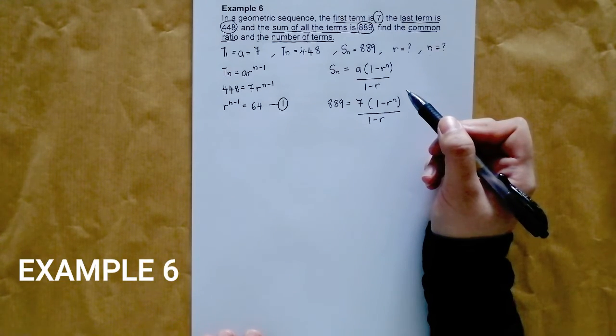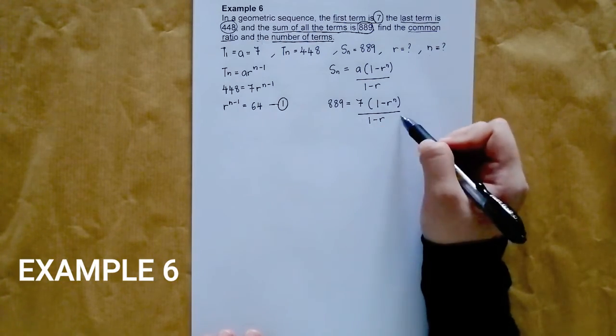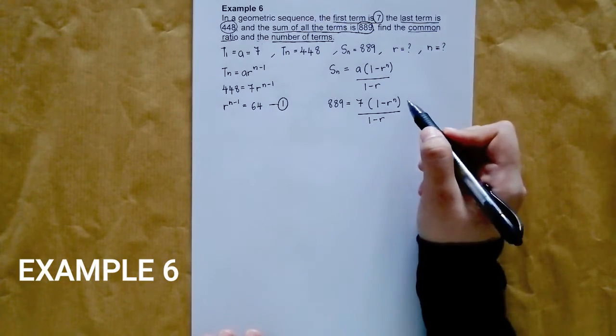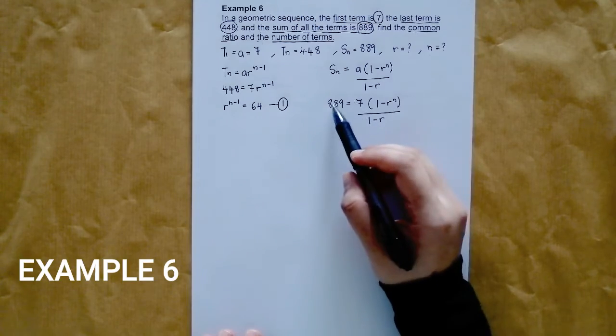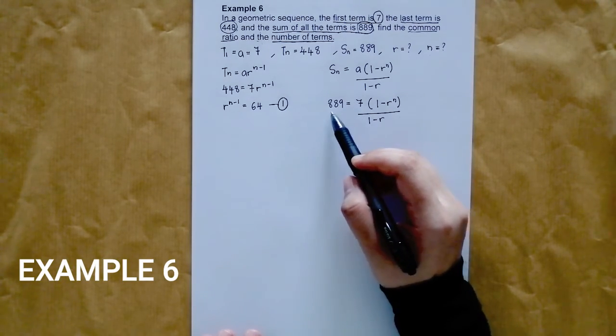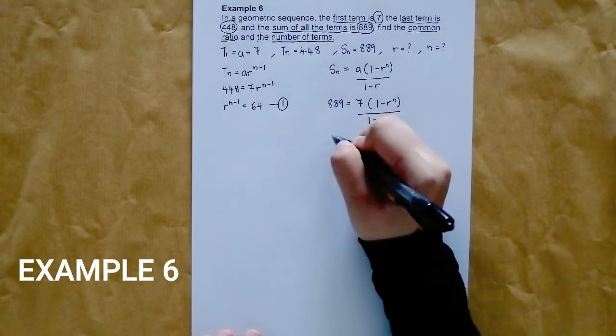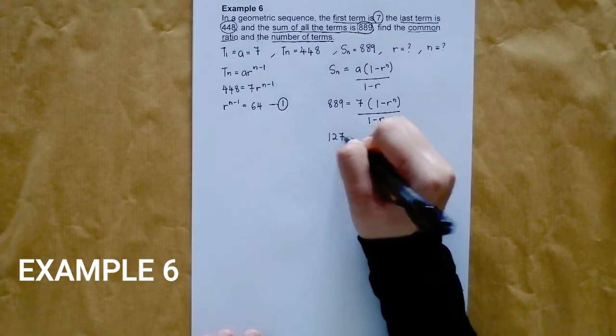Next, we can divide the whole equation by 7. So 889 divided by 7, you get 127.